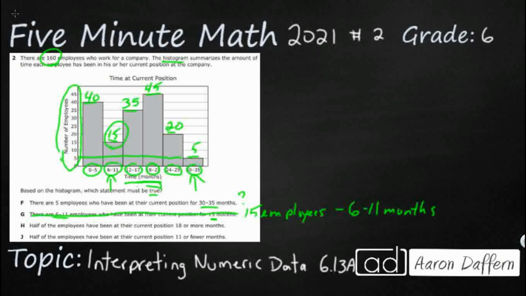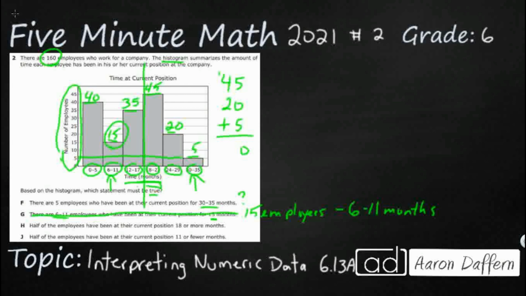Half of the employees have been at their current position 18 or more. All right, so there's my 18 right there. So I've got 3 buckets here, 18 to 23, 24 to 29, and 30 to 35. Let's put those together. I've got 45, 20, and 5. Let's see, that's 10.